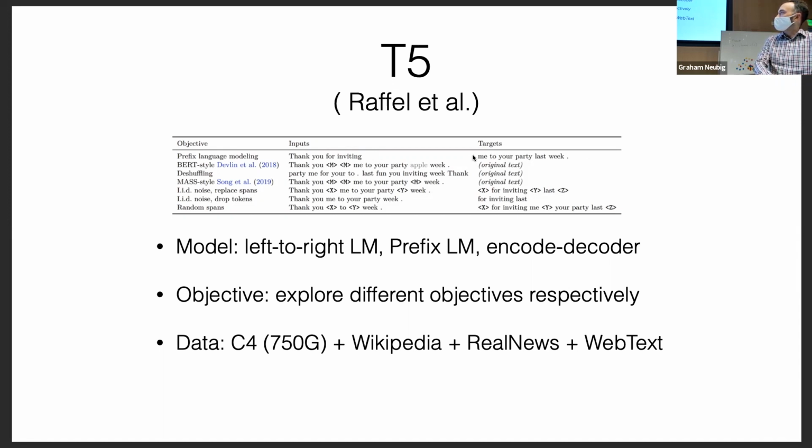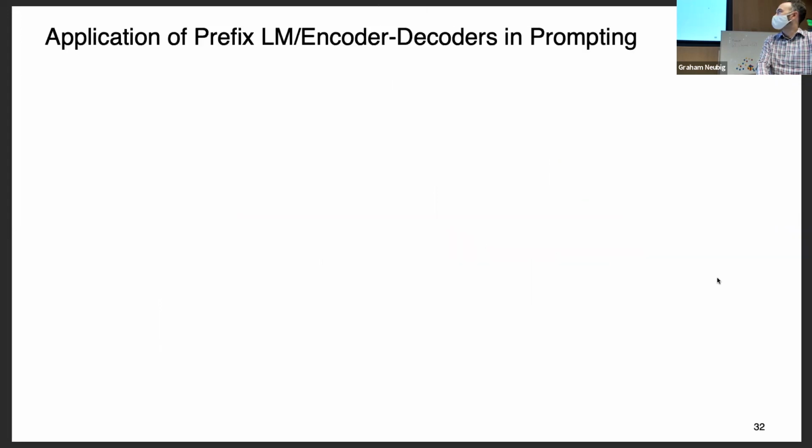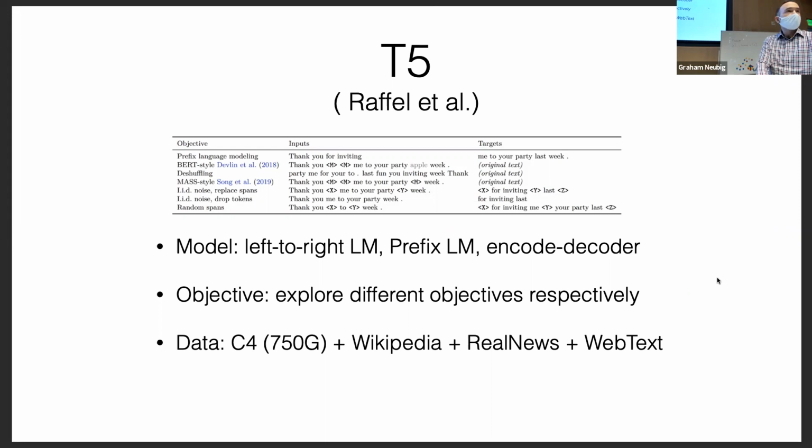Deshuffling, a MASS-style objective like I talked about before, replacing spans, dropping tokens, and randomly selecting spans to drop out and then replacing them. And they have some examinations of which objectives are better for training the model as well. Okay, any questions about these?